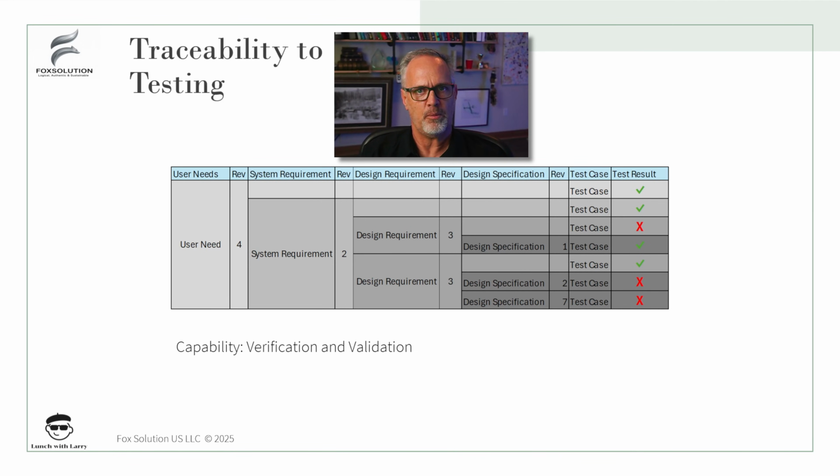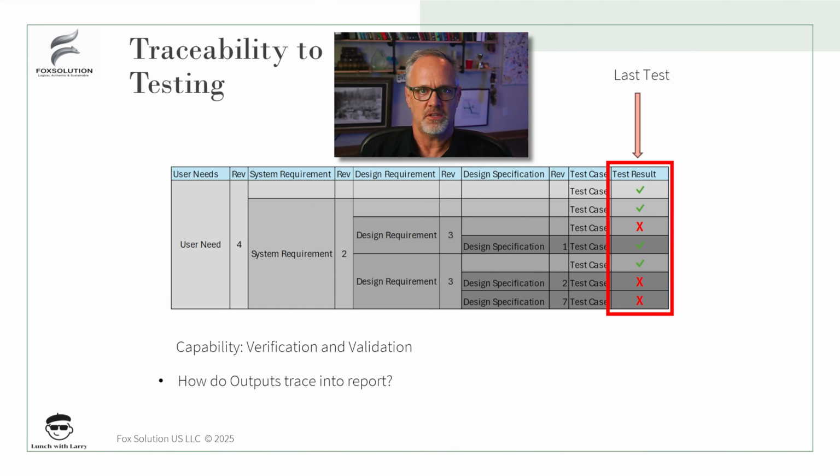And not only that, but we get this test result, and the test result is the last test. What is the last test that was executed against this test case? That's really what's going to show up in the traceability report, because naturally, when you do these reports, the first thing it's going to look for is the last test result that was achieved as part of a test run. So the next question is, how do we trace those outputs into the report?